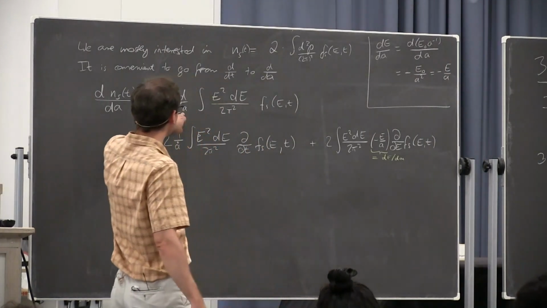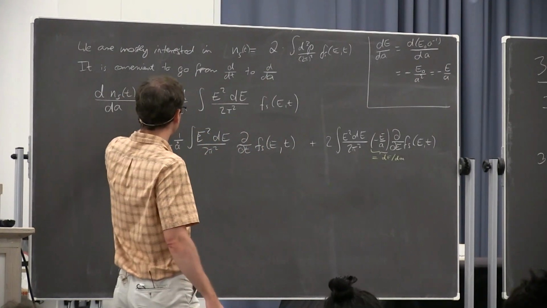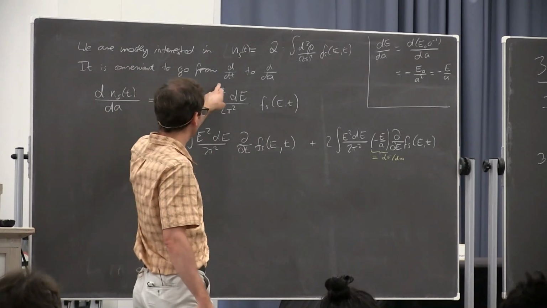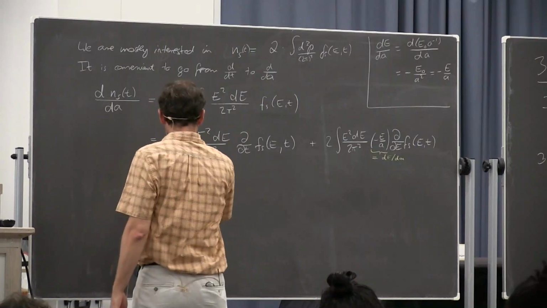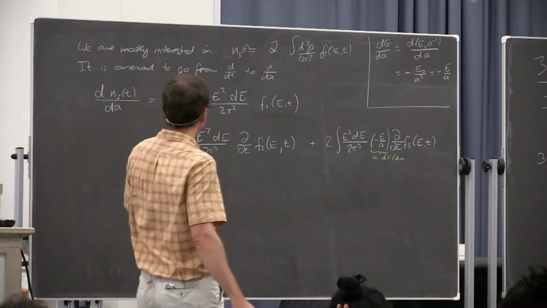Okay, and now finally I need to include the term where the derivative with respect to A acts on the prefactors here, the E square and the dE. Those are all energies, so the dependence is always the same.